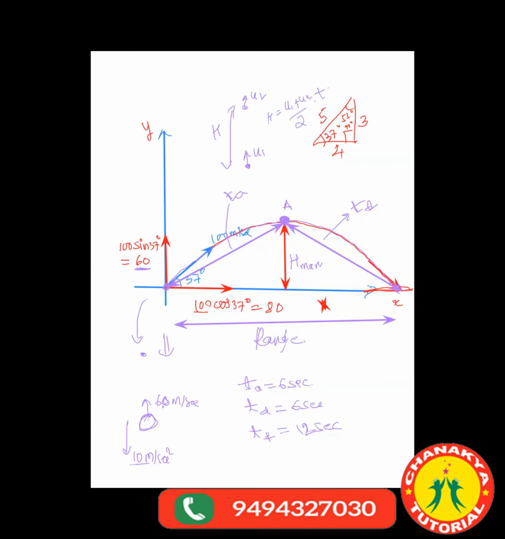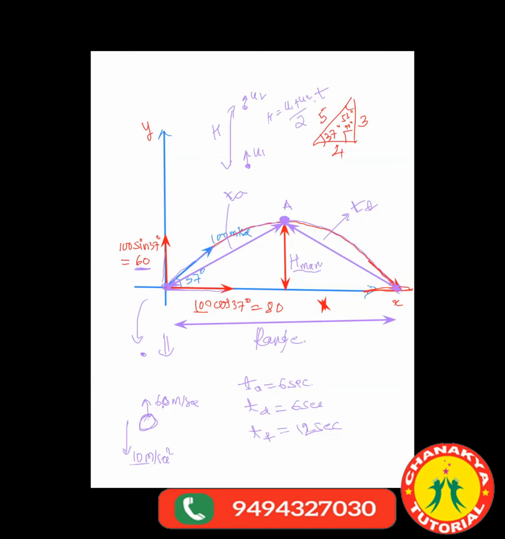Now, I want to calculate this maximum height, correct? So you tell me, when this particle reaches the topmost point, what will be its vertical velocity? See, when it reaches this topmost point, it always has two components, right? One is horizontal, one is vertical.